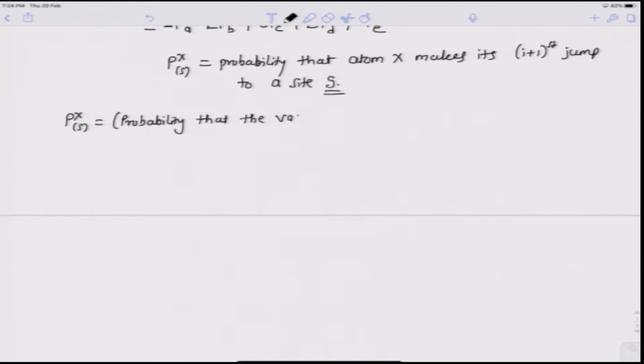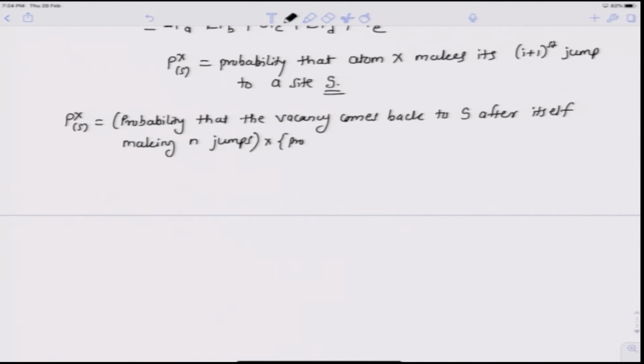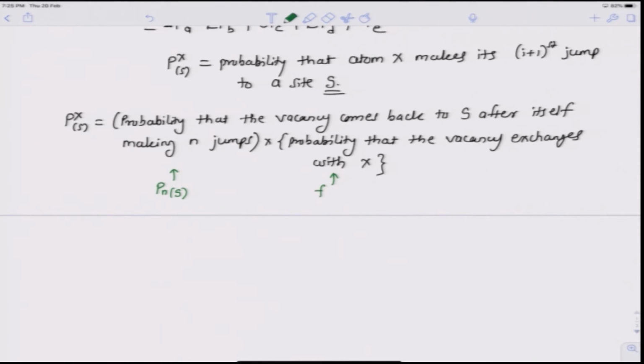probability that the vacancy comes back to S after itself making n jumps times the probability that the vacancy exchanges with X. So, let us denote this first probability as P_n(S) and the second probability by F_1.